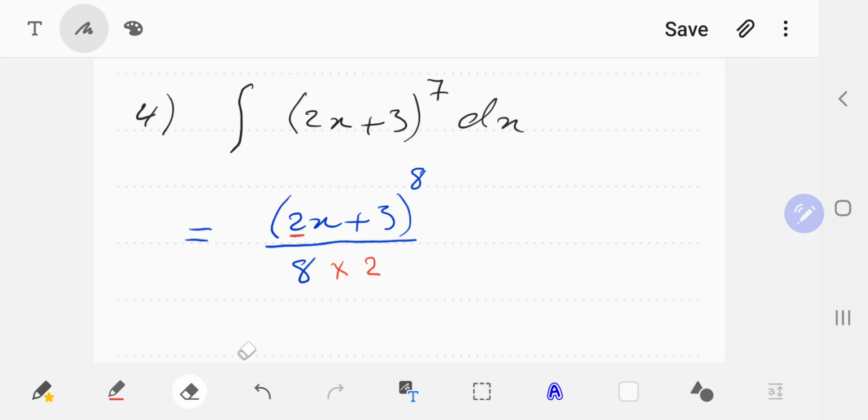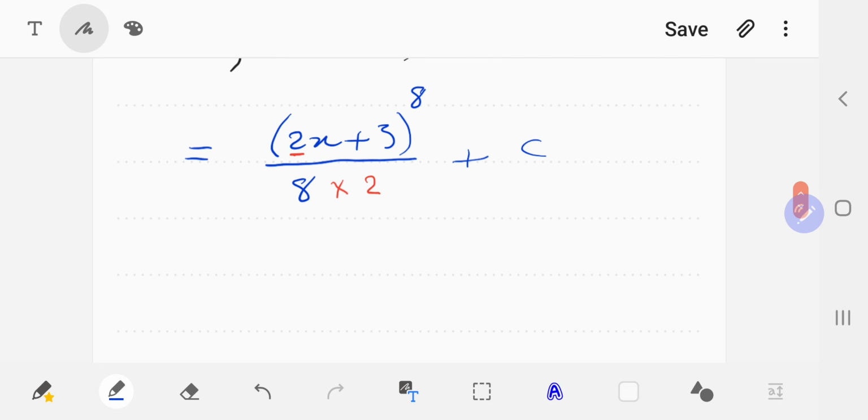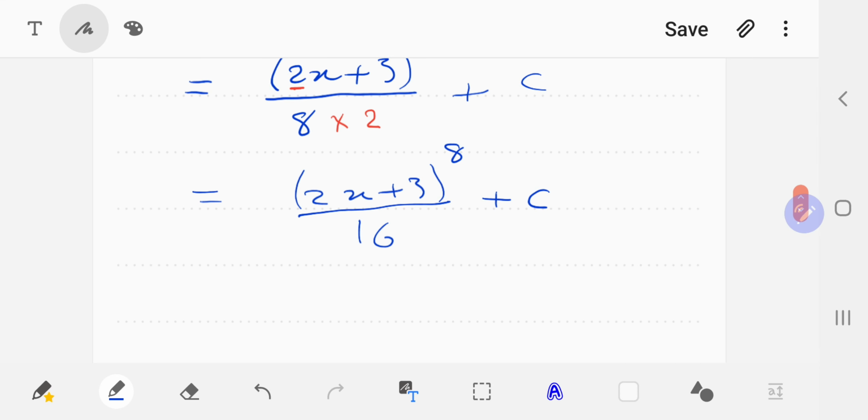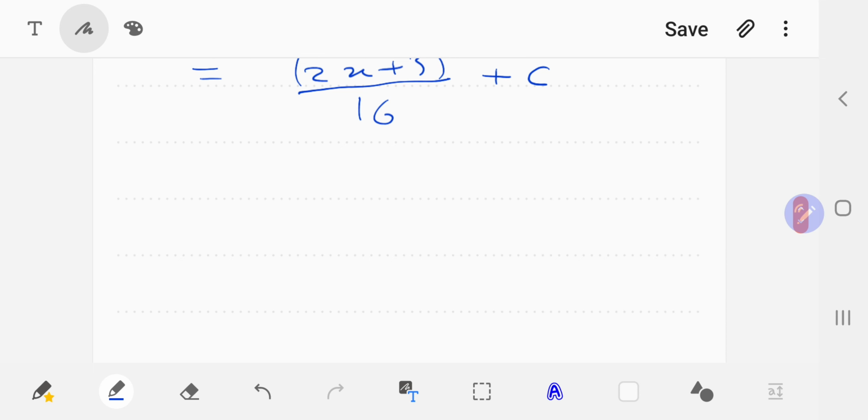So you can take this out, so it will be 8 times 2, and of course plus c, which means 2x plus 3 to the power of 8 over 16 plus c. I guess the idea is clear.